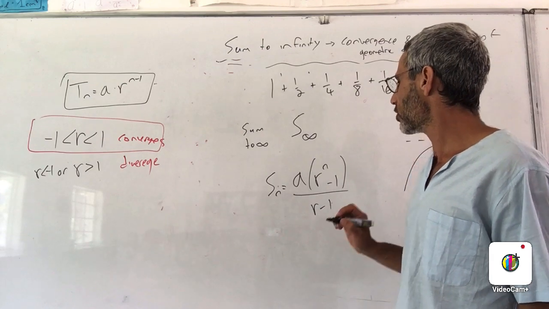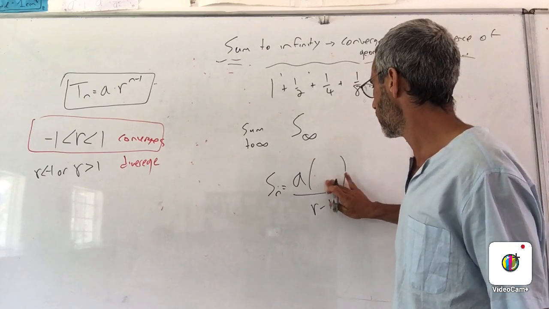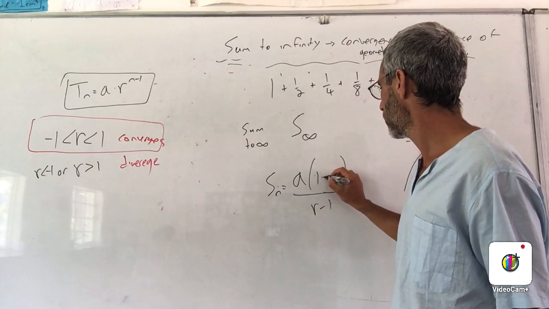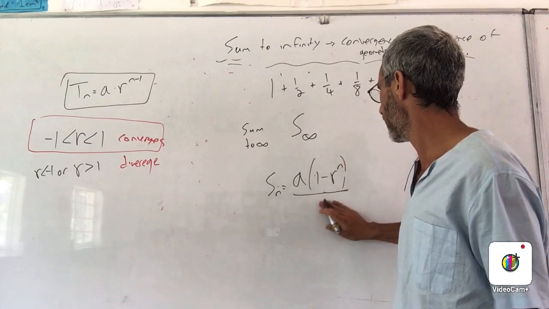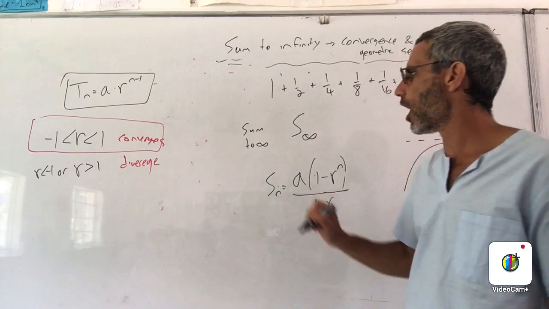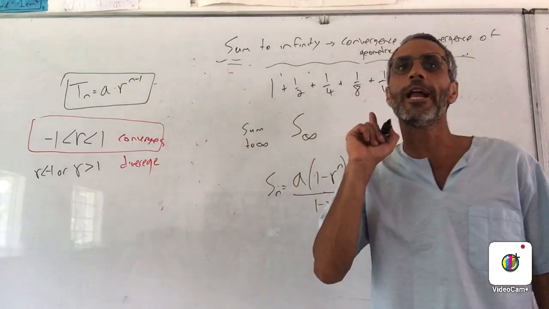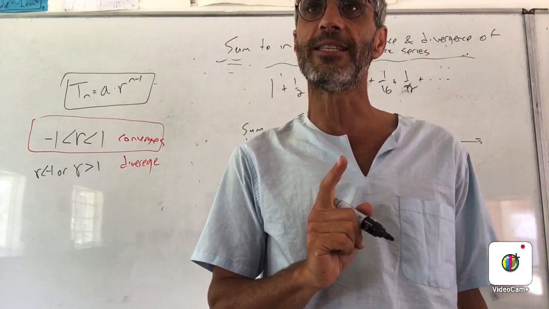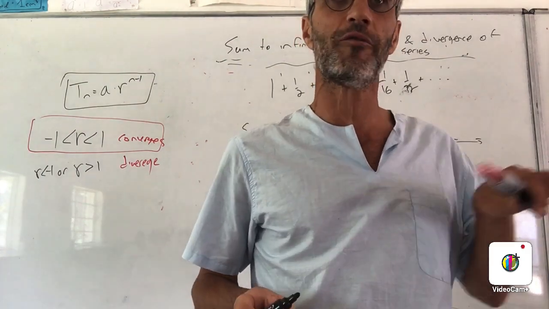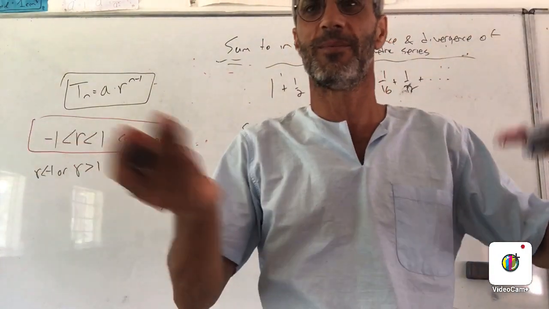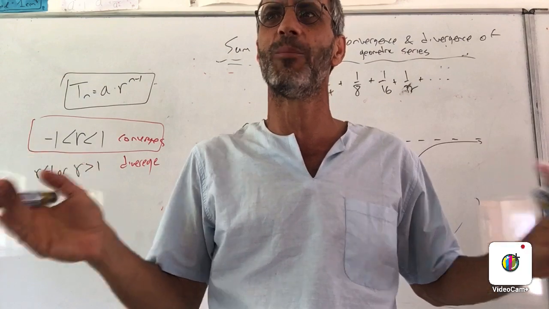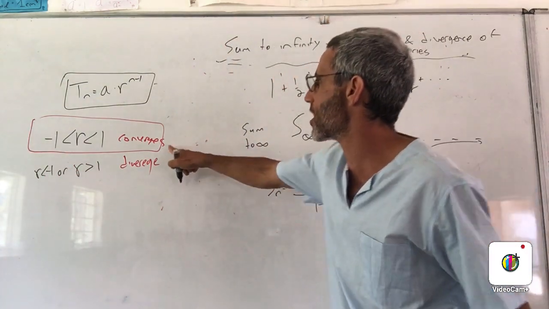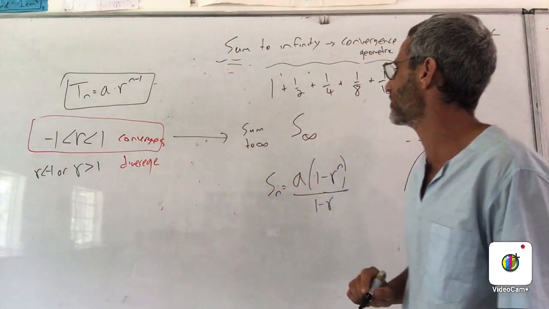Now actually I'm going to use the other formula, because our r is smaller than 1: A times 1 minus r to the power n over 1 minus r. Listen to this: you can only calculate the sum to infinity when it's convergent. If it's divergent, there is no sum to infinity. It'll carry on getting bigger and bigger and bigger.